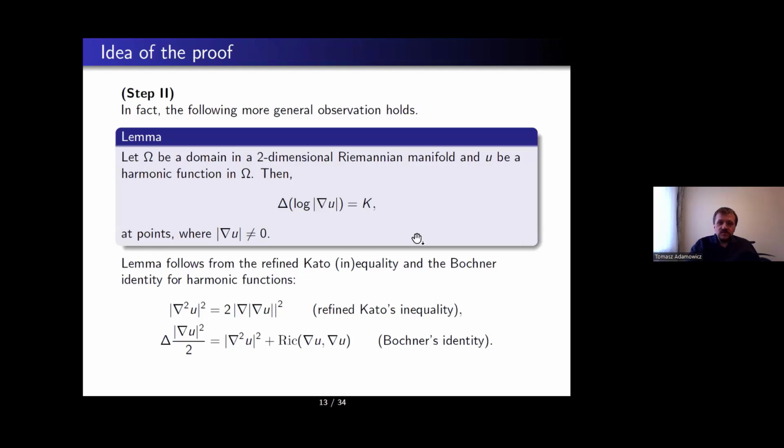The proof of this observation follows from the refined Kato inequality and from Bochner's identity, here stated for general n-manifolds, but in setting 2, this Ricci curvature is the same as Gaussian curvature times the square of the gradient.